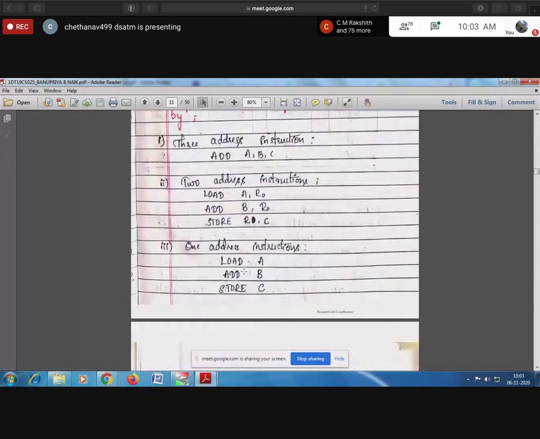One address instruction means you can access only one operand at a time. Here, on the right side, it is by default the accumulator. Even though I have not written anything, by default it is the accumulator. That you should know.